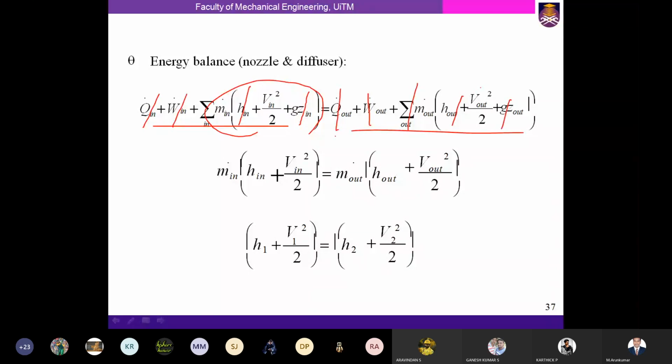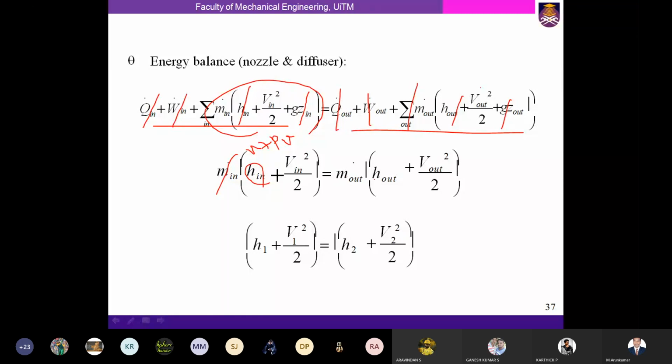Then we have only the mass flow rate and H, because H is equal to U plus PV, so we have pressure P times specific volume.